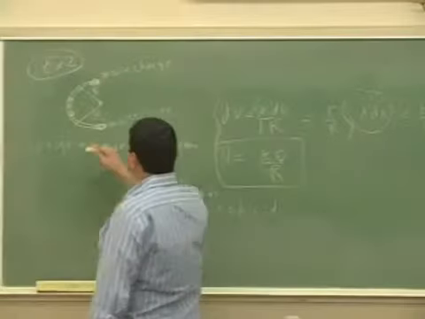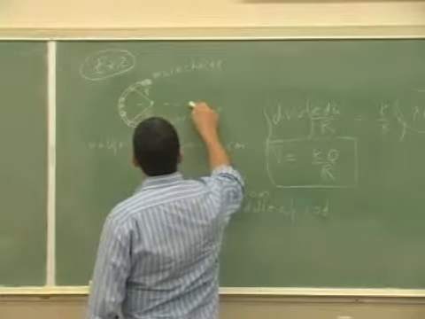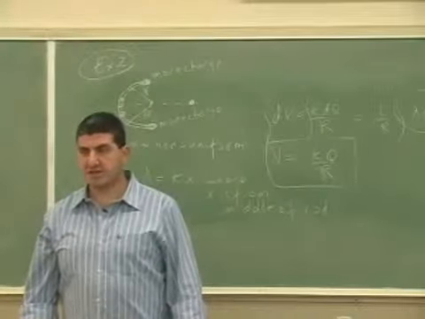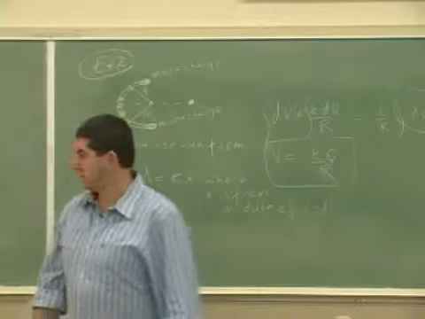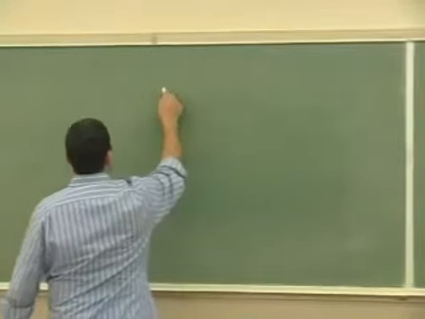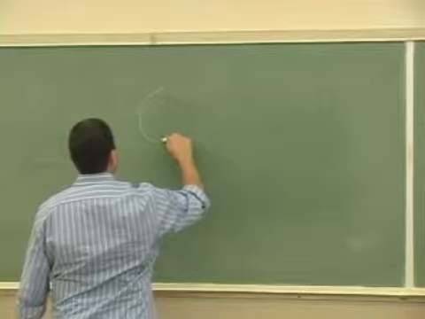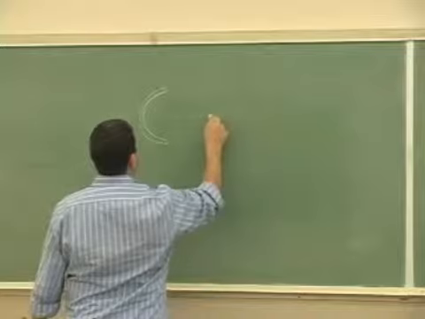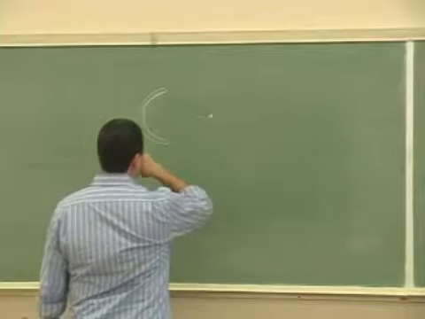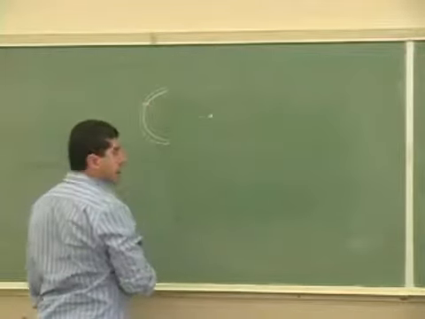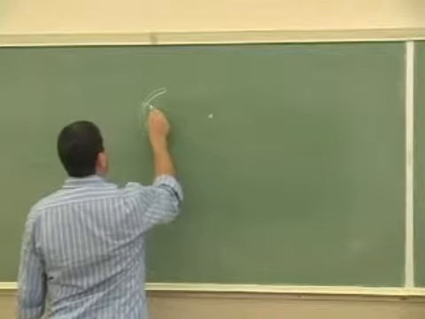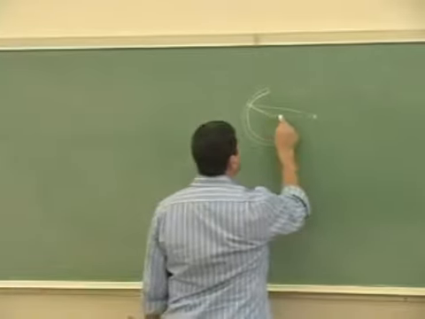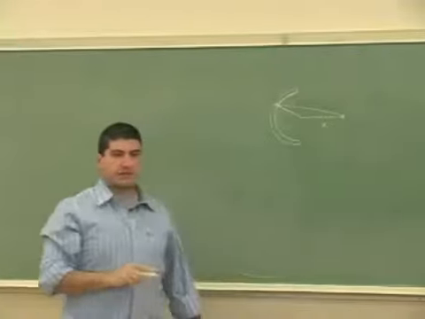Would I be able to do this? Would I be able to solve for the potential at some other point here other than the exact center? Let's see here. Okay, so now I'm going to take a little piece here, and let's say this distance is x from the center.